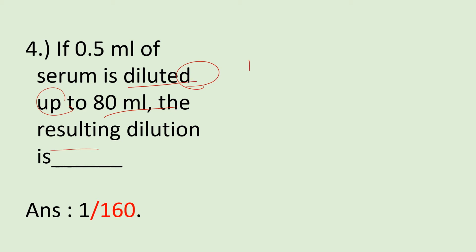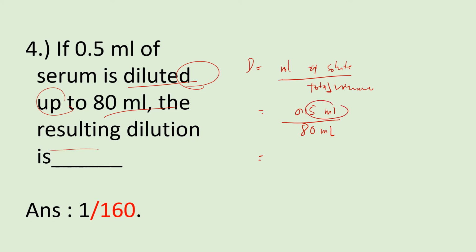So if you are going to solve for this one, you have the volume of solute over the total volume of the solution. So you have 0.5 ml over the total volume, which is 80 ml. If you multiply this by 2 to make your numerator into 1, you have 1 over 160.